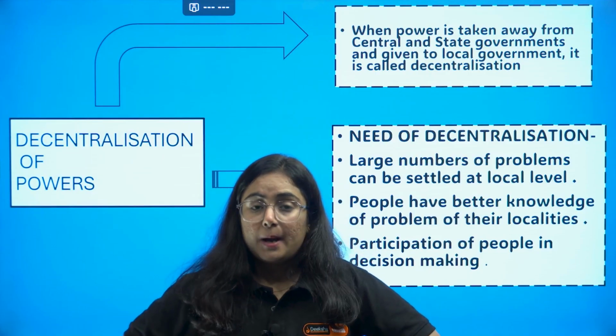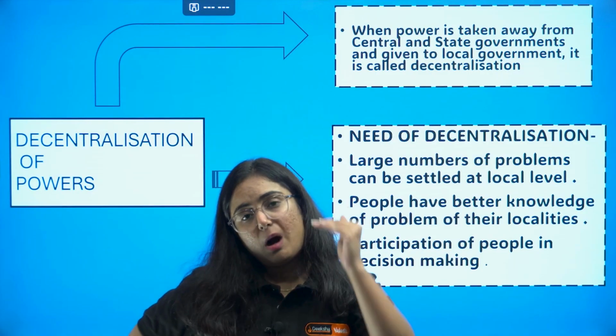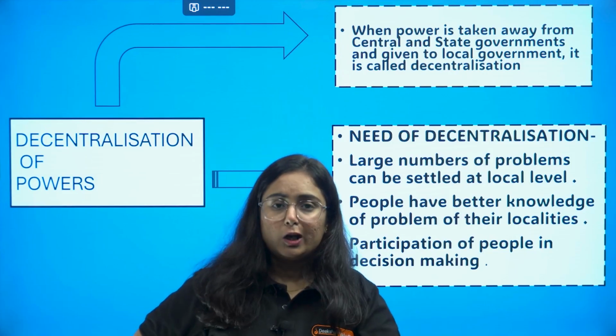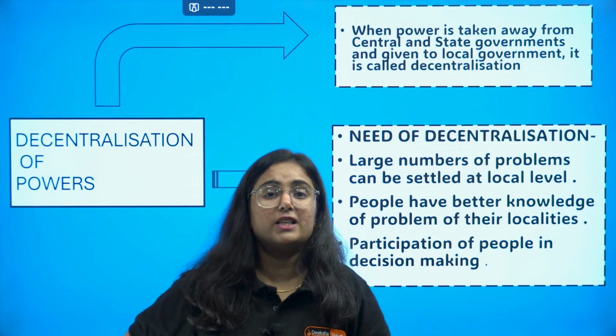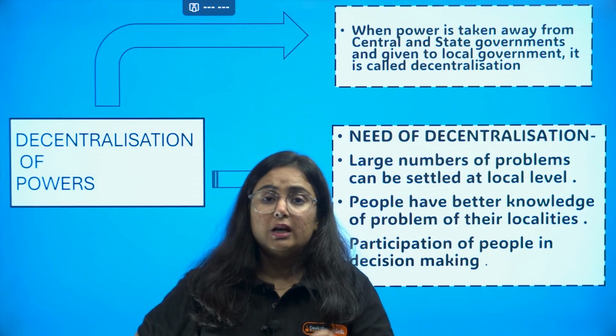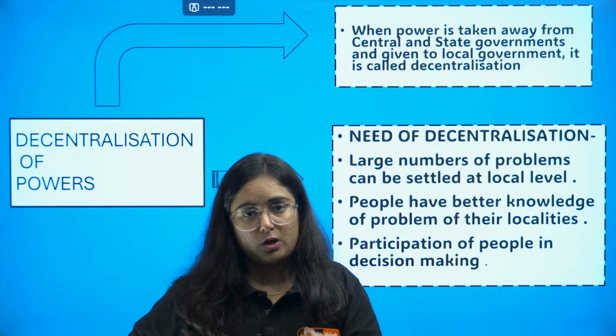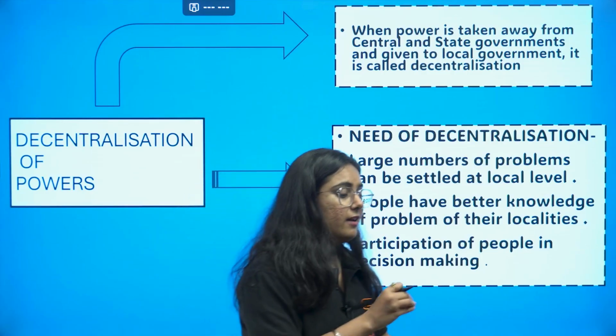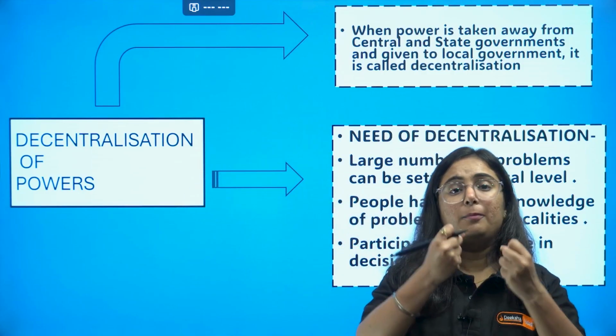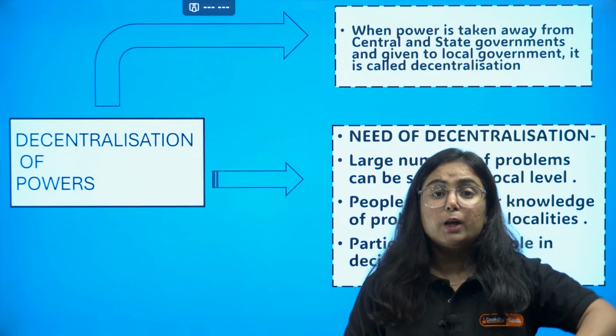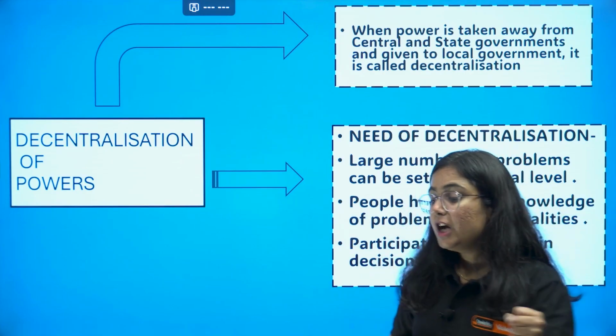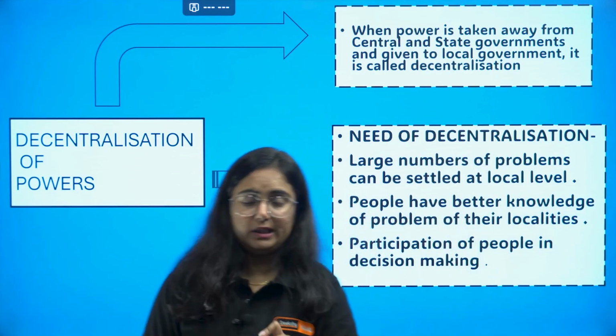Now, as I already told you, our Indian Constitution is a living document and it has changed itself according to the requirement of the population. It was a vision of Mahatma Gandhi to have local self-government in India.